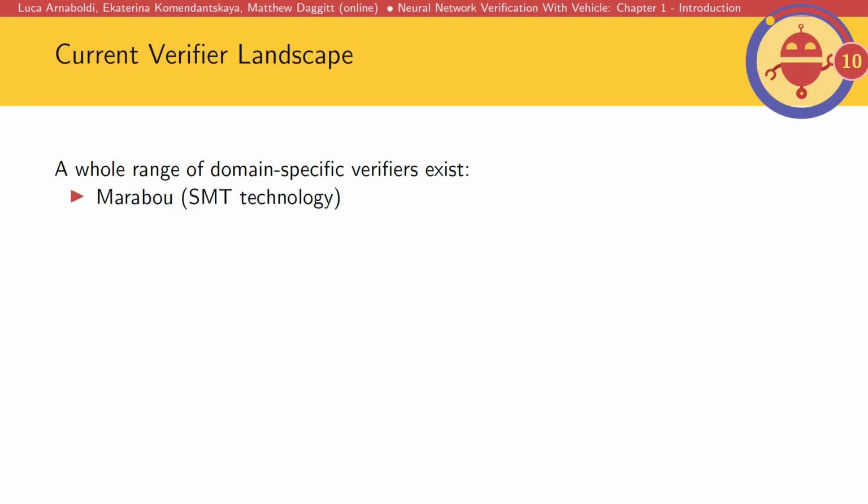So if we were to make sense of all these verifiers in terms of what kind of technology they're using: Marabou, the very first one, used SMT technology, so it's SMT plus a domain-specific algorithm for processing ReLU networks. Then there is ERAN, which is abstract interpretation-based.